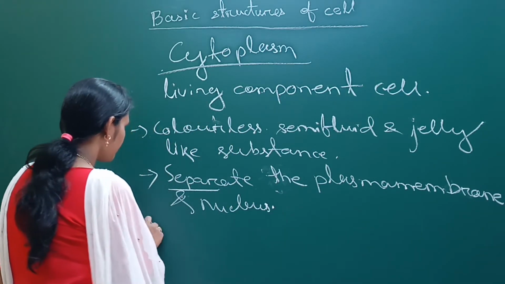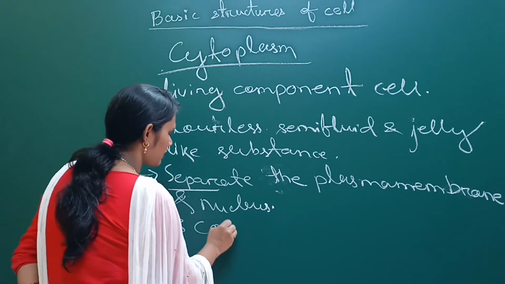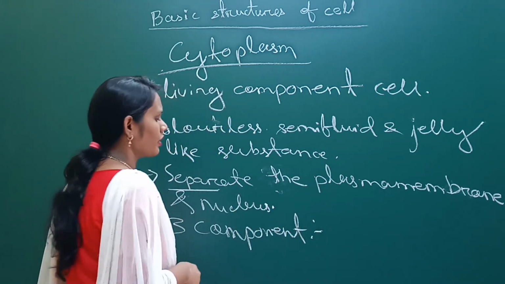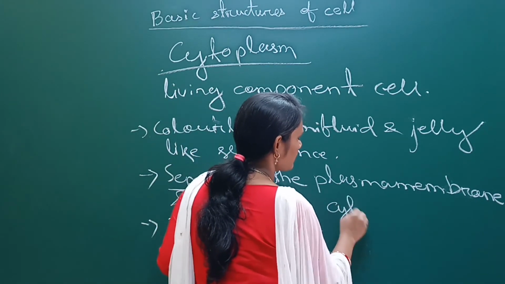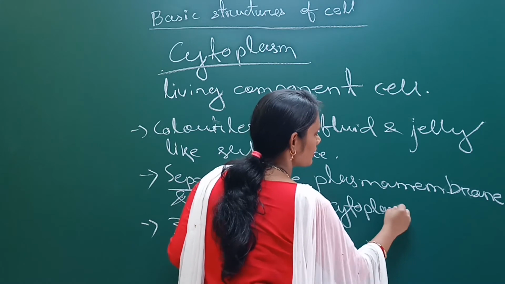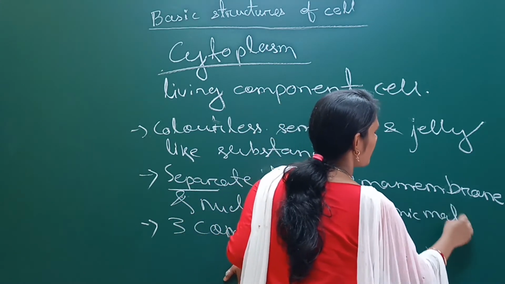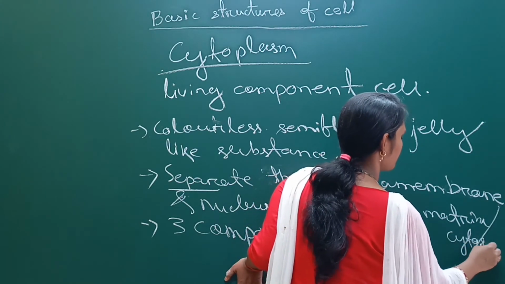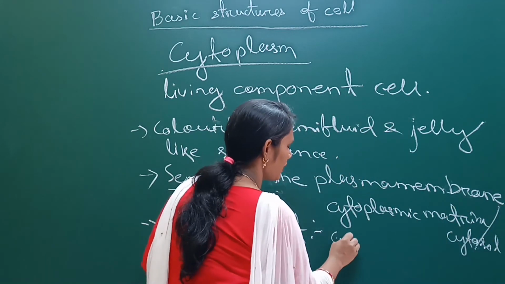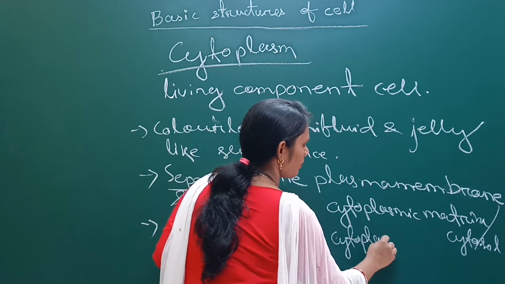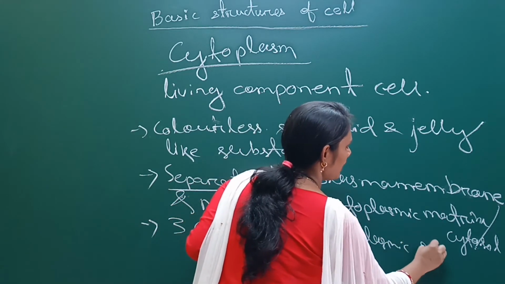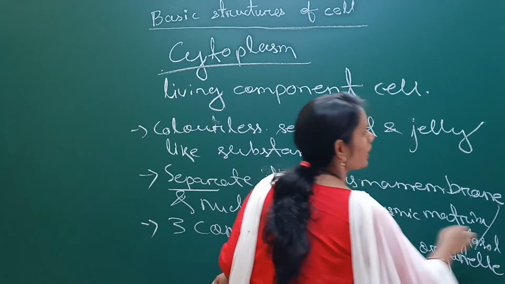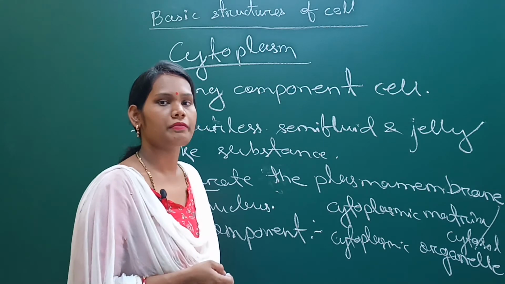Then it has three components. First one is cytoplasmic matrix, or cytosol. Next one is cytoplasmic organelles, also called cellular organelles or little organs of cell.